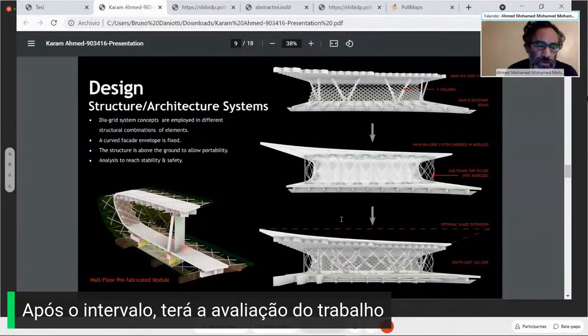And the structure: in the exercise, I did a structure analysis for the whole design using a software called Karamba. As I said in the beginning, it's a tool set combined into one software. We can call it the software of everything, which was Rhino and Grasshopper and its plugins and design tools.